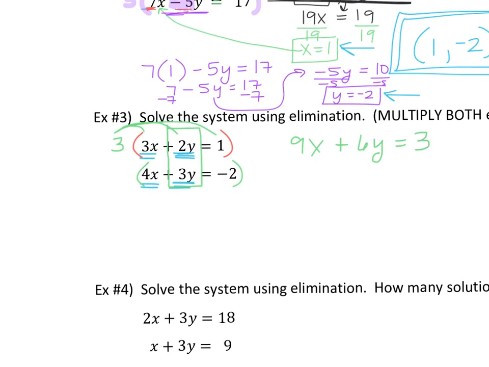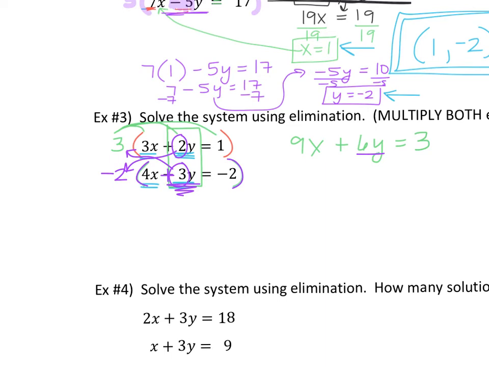Now think about what I would have to do to this bottom to make this cancel out with my 6y here. Right now this is plus 3y. So if I multiply by a negative 2, and you can kind of see here, we multiplied by the number, but we had to put the negative in because we want to cancel out with addition.